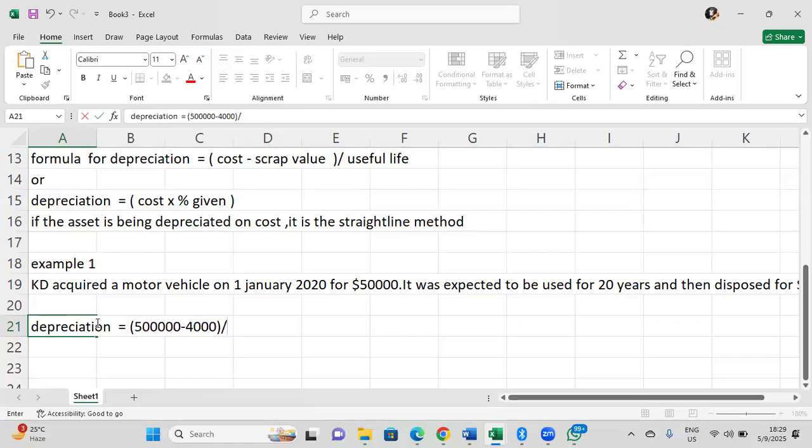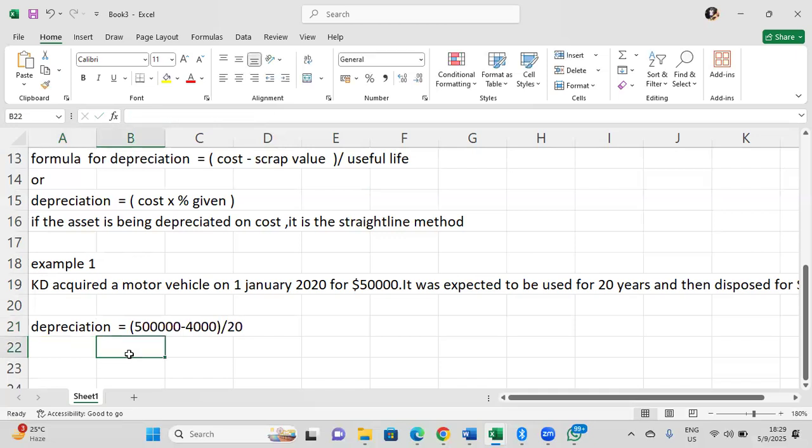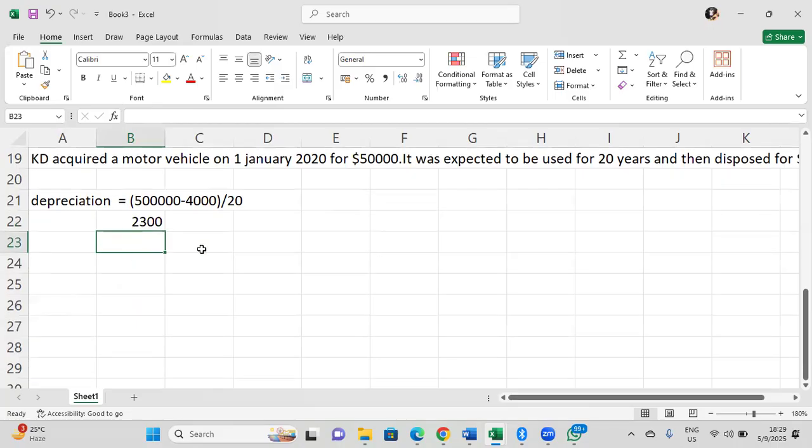We are expecting to use this asset for a period of 20 years, so you divide by 20. So for straight line, every year the asset is depreciating by 2.3.